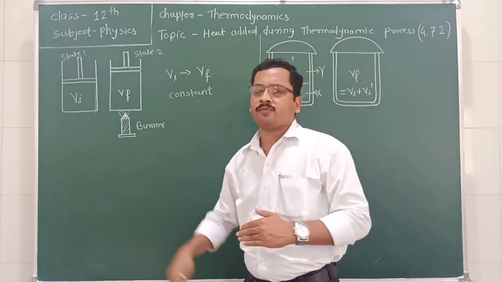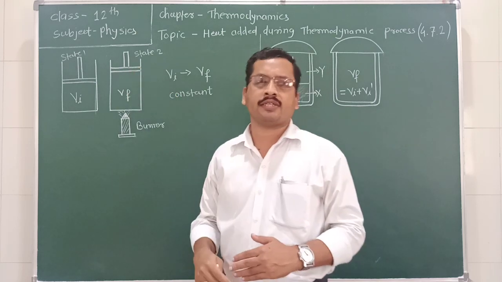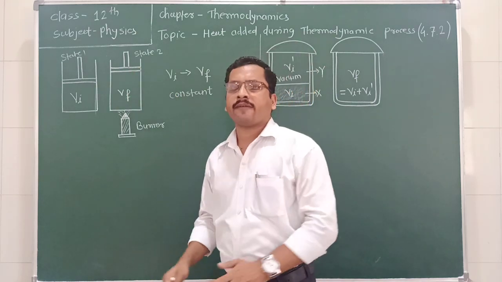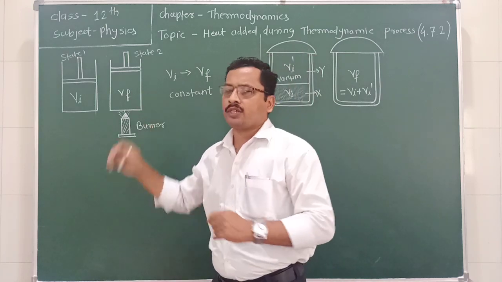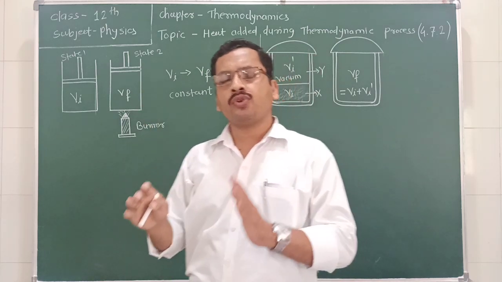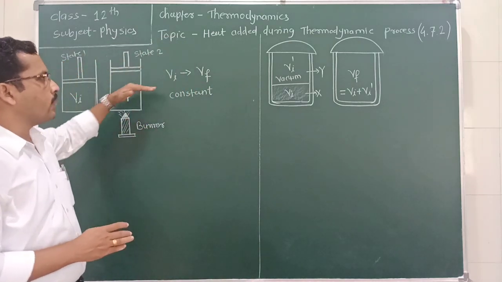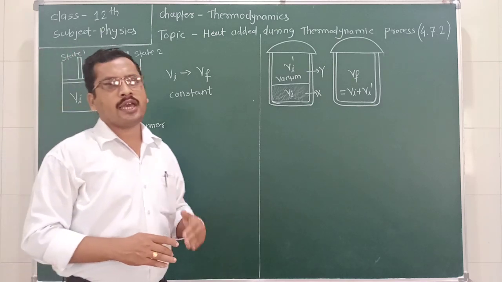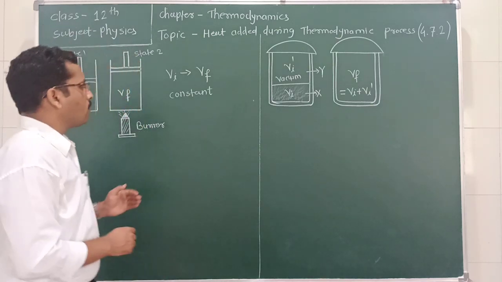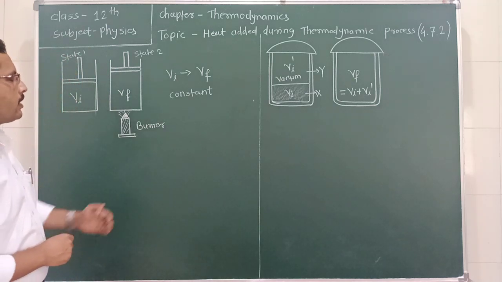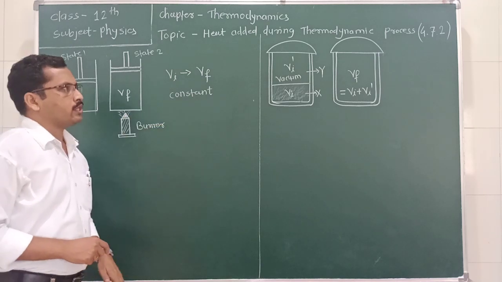When the piston moves upward, the volume of the gas increases, and we know that the work done during the process depends upon the change in volume. So as the piston moves upward, there must be some work done in this process. As we stated earlier, this change takes place at constant temperature.